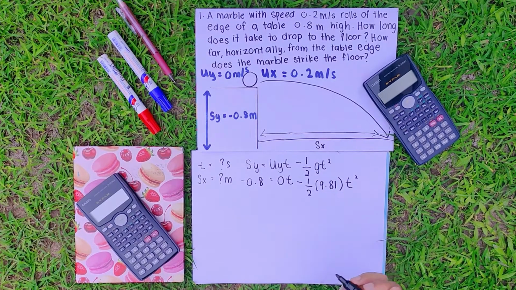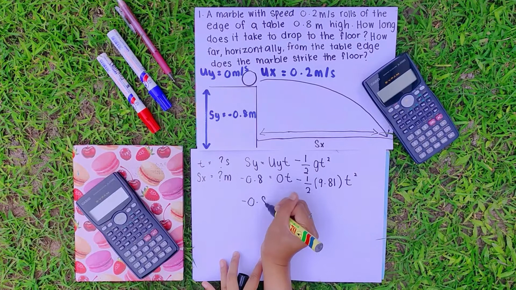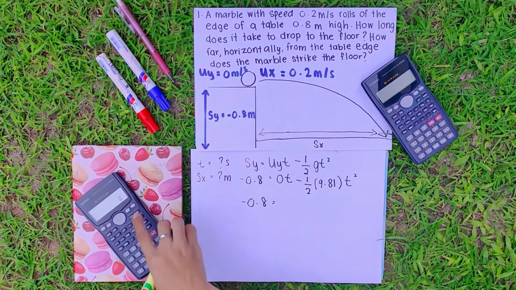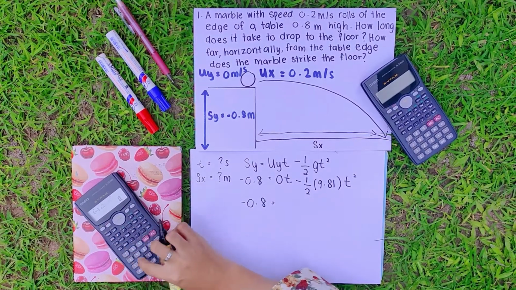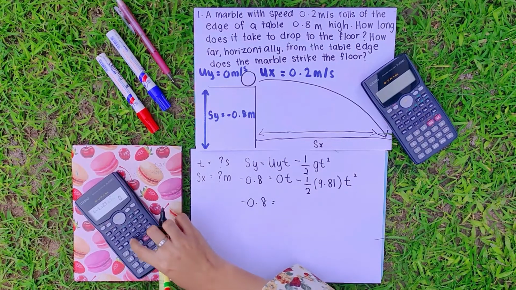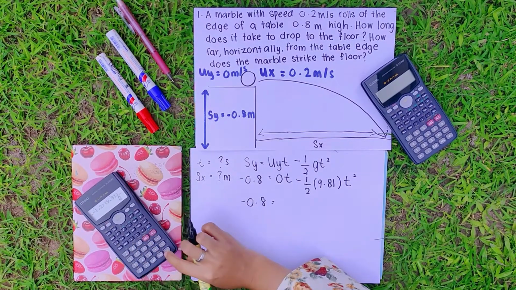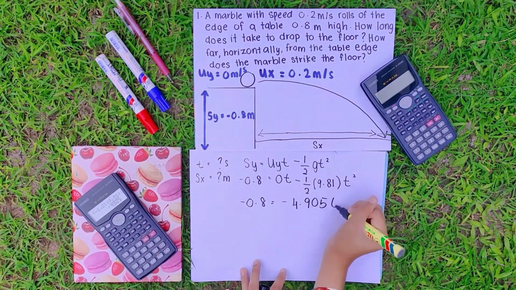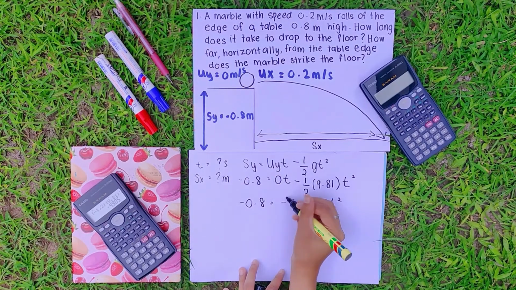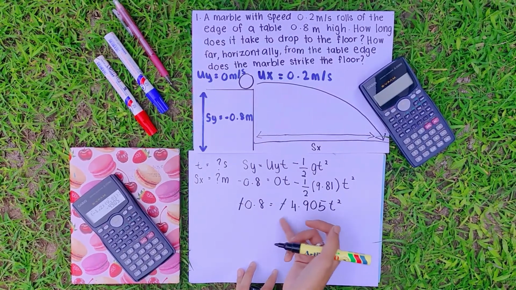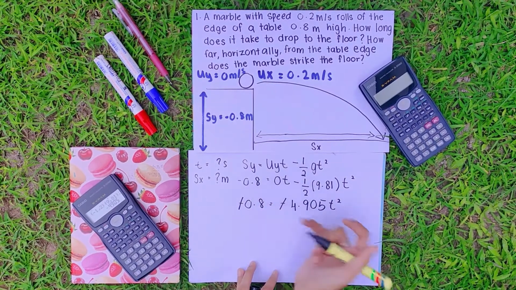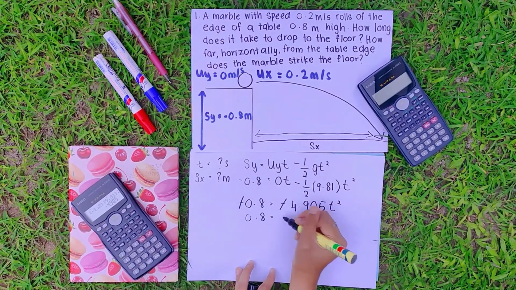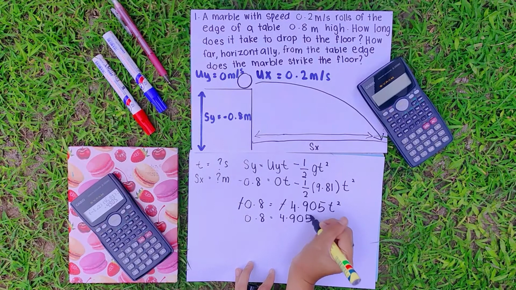From here, we'll get negative 0.8 equals 0 multiplied by t, which is 0, and negative 1 over 2 multiplied by 9.81 is equal to negative 4.905 t squared. From this, we can cancel out the minus from each value because they are on both sides. So here we'll get 0.8 is equal to 4.905 t squared.